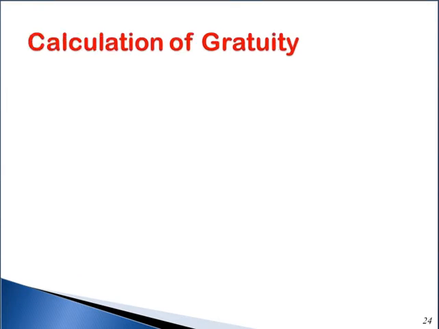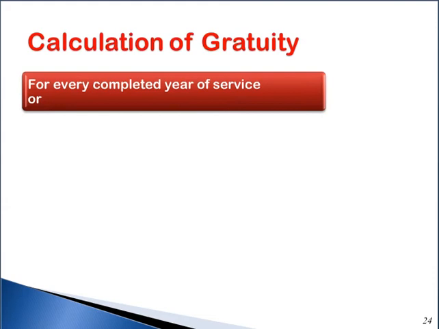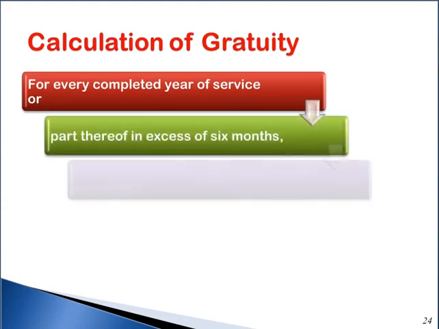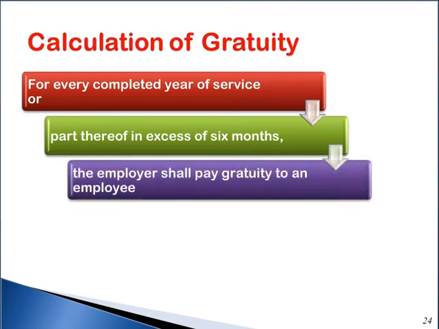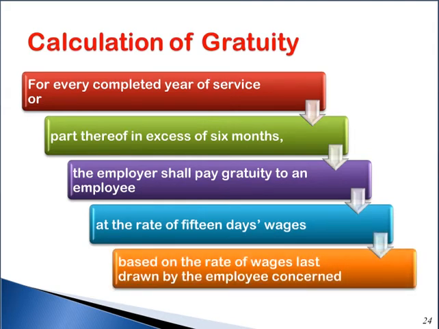Dear students, the next important part is the calculation of gratuity. It is based on every completed year of service or part thereof in excess of 6 months. The employer shall pay gratuity to an employee at the rate of 15 days wages based on the rate of wages last drawn by the employee concerned.